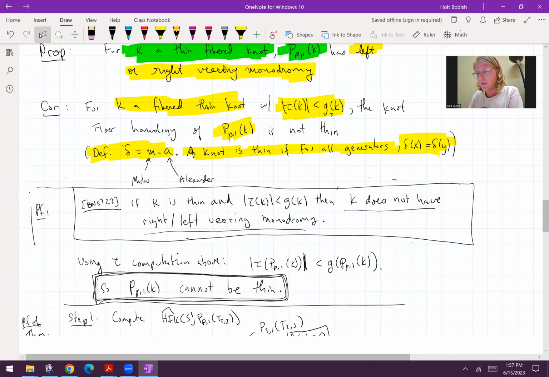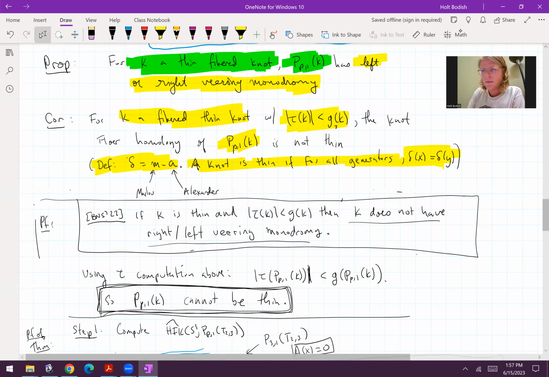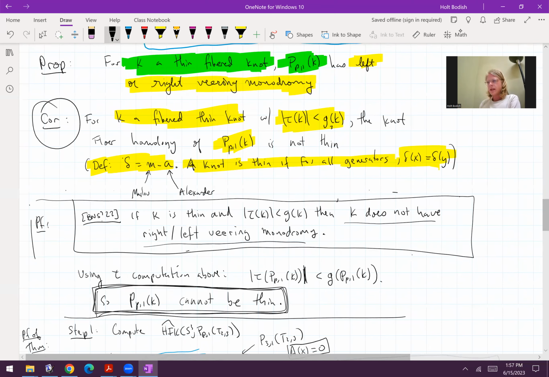So let me just mention how to prove this corollary. It relies on this recent result of Baldwin, Nie, and Seebeck that says that for thin knots with tau of K in absolute value less than G, that knot, if it's fibered, can't have right or left veering monodromy.